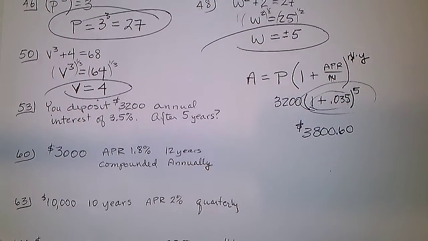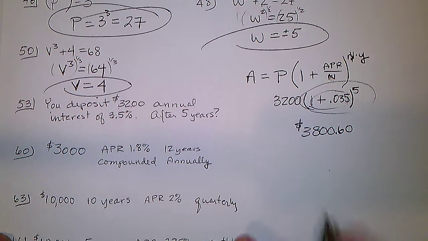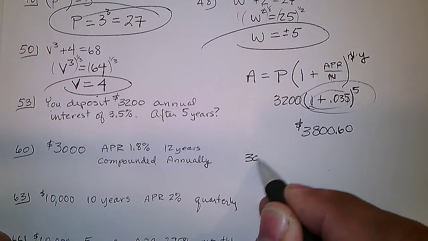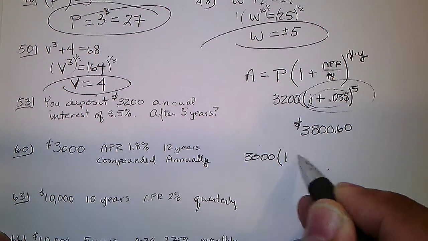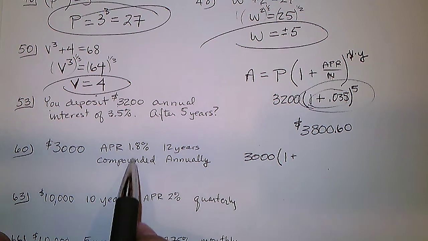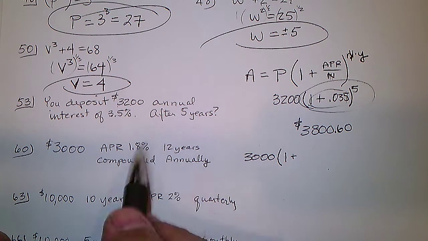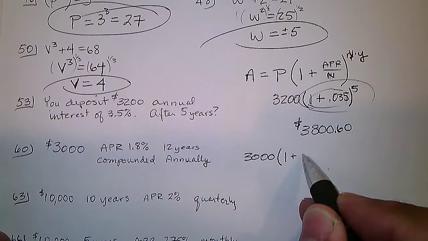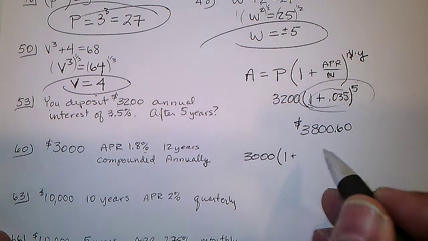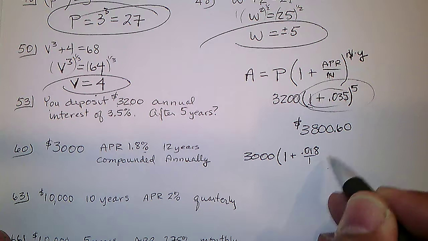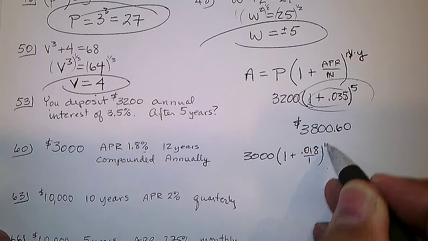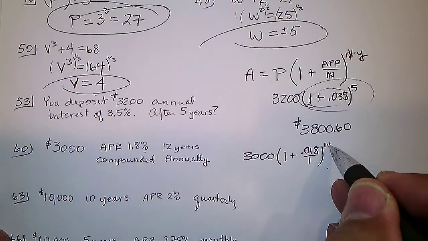Now we're going to do another one of these. So it's going to be 3,000 parenthesis 1 plus, compounded annually. So this as a decimal is 0.018 divided by 1 to the 1 times 12.